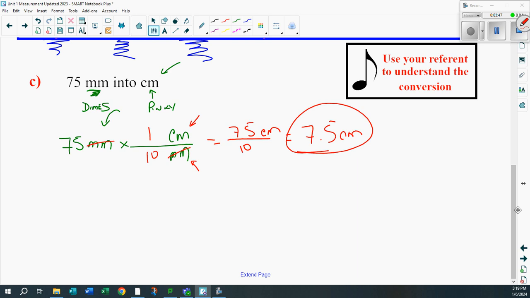See how it works? Now, I know some people are going, why don't you just divide by 10? I did. But I wanted to show you this conversion. I wanted to show you that millimeters and millimeters cancel out. The reason why is when we get into some really heavy-duty conversions, this idea of canceling is going to really help you out.